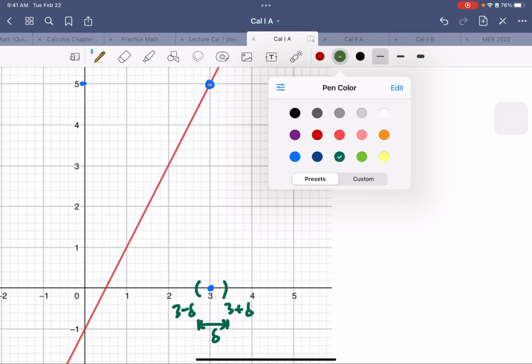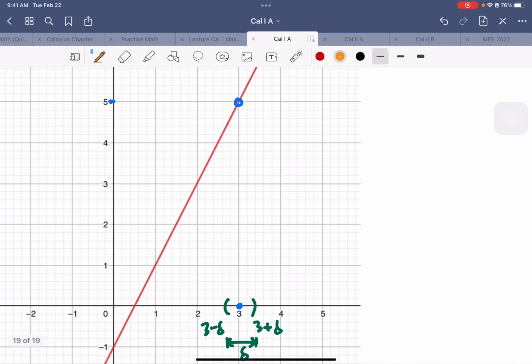And the other value is around 5, where let's say this is an epsilon, and this is also an epsilon. 5 minus epsilon, so the distance is epsilon. And it will correspond then with the function and with the delta.